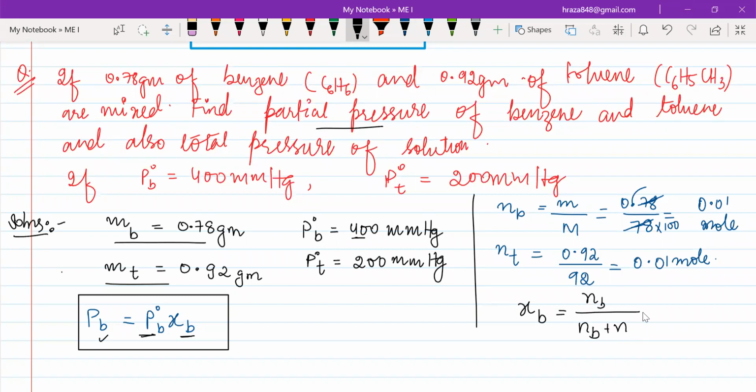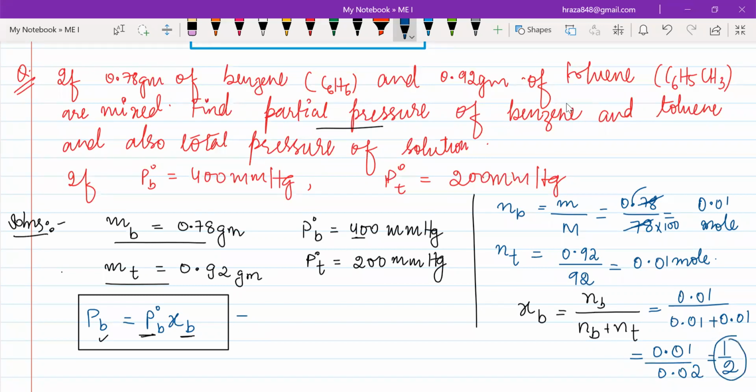That is 0.01 upon 0.01 plus 0.01, so 0.01 upon 0.02. You will get the mole fraction of benzene as half.